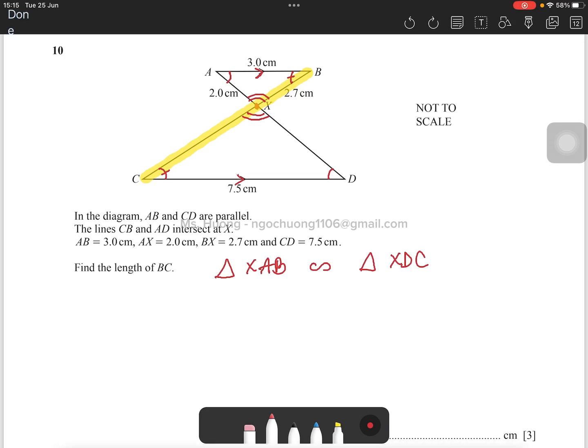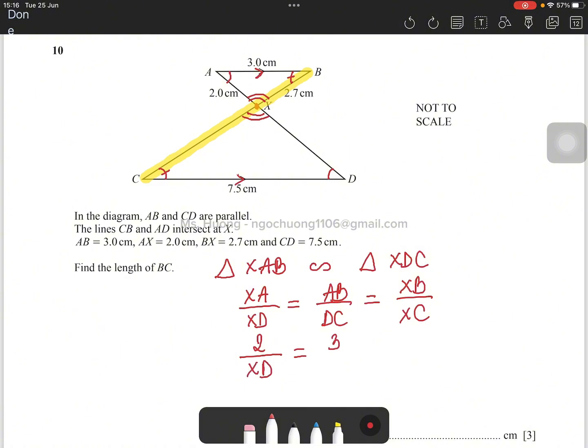And that leads to XA over XD equals AB over DC equals XB over XC. We should write down the three equivalent ratios and then check which pair that we can use. XA is 2 centimeters. XD is something that we don't know.